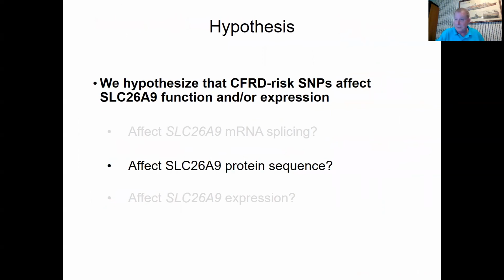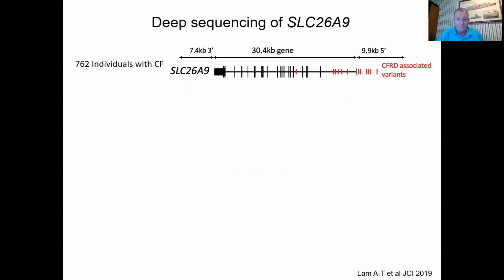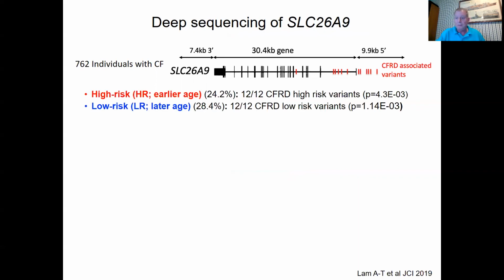What about protein sequences, some amino acid change? We sequenced the gene in 762 individuals, very deeply sequenced, found all the variants, and found two aggregations of genetic variants. Those associated with high risk, a cluster of 12 variants, and then another cluster of variants associated with low risk.